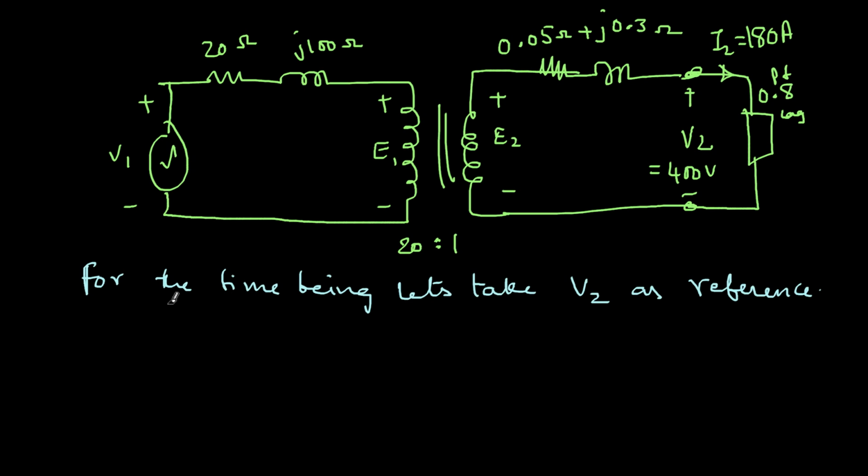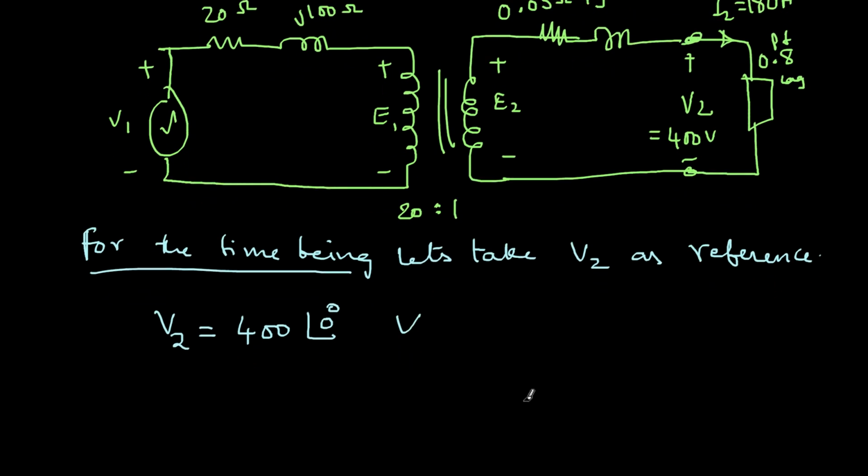I say for the time being because permanently V2 will not be the reference. We will change the reference after some time. So right now we'll take V2 as reference. V2 is 400 and angle is 0 degrees. The fact that I'm introducing 0 degrees for V2 means V2 is the reference.